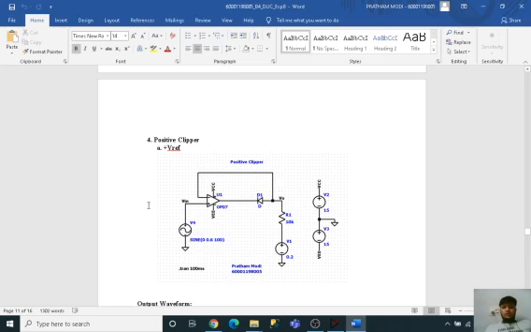Now talking about clippers, we want to clip off some of the input voltage. As we are using a precision diode, the input voltage should be less than the 0.7 V of the diode.